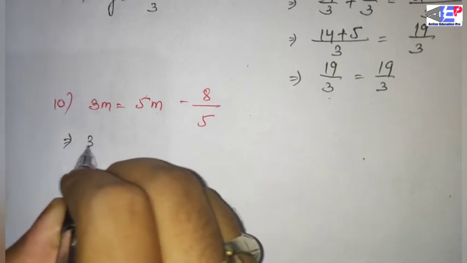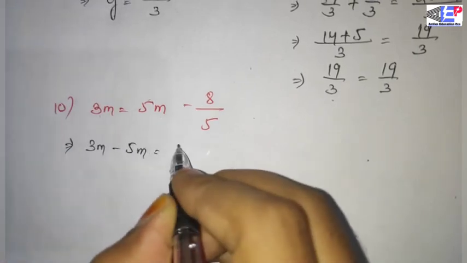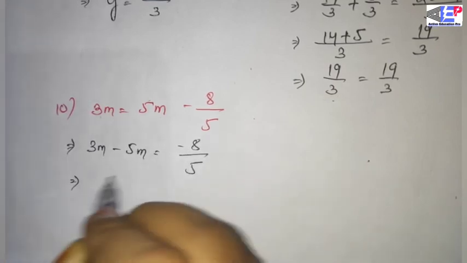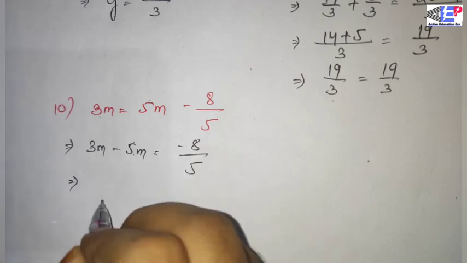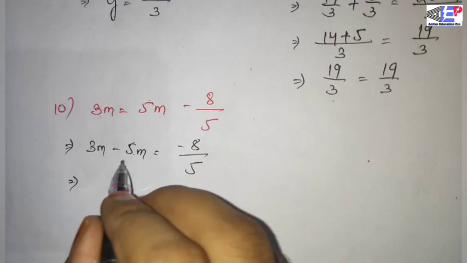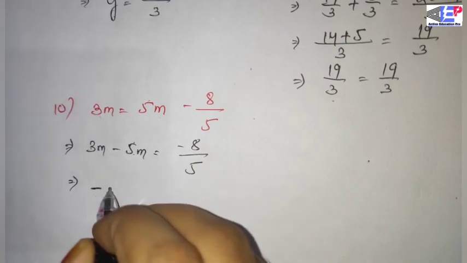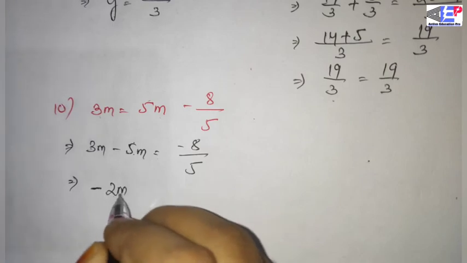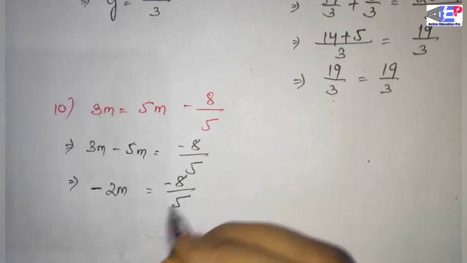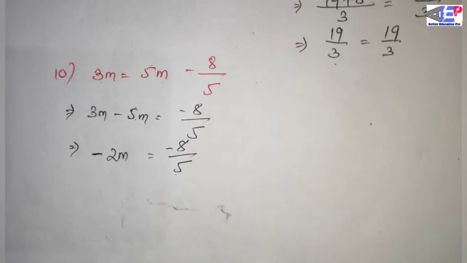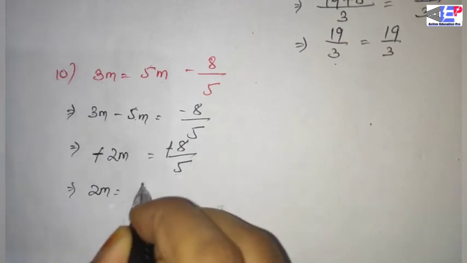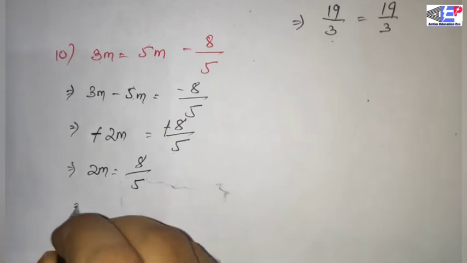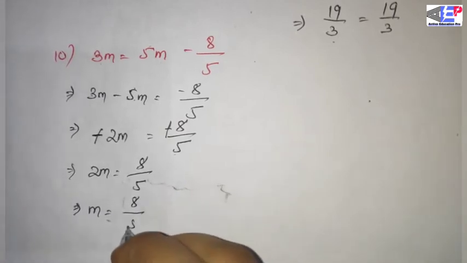So 3m minus 5m is equal to minus 8/5, and here 3m and 5m are of opposite signs, so put the sign of the greater number, it's minus, and subtract, minus 2m, and then minus 8/5. Here on both sides there is a negative sign, so cancel it from both sides. And 2m is equal to 8/5.